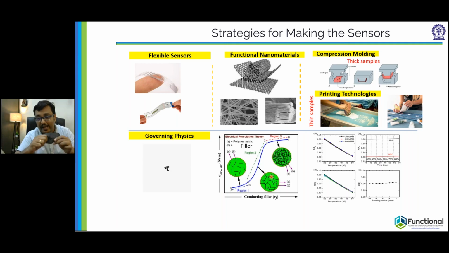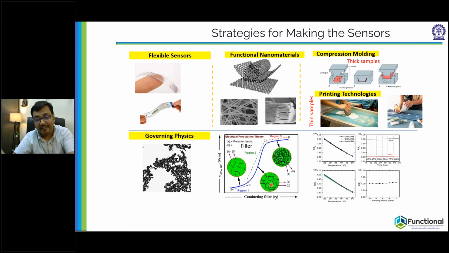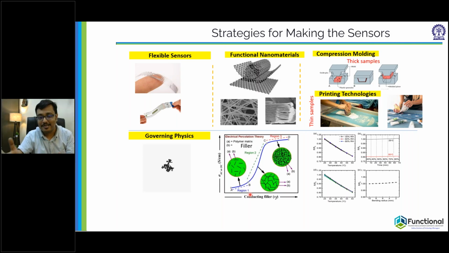They will get disconnected from each other, and if they are disconnected, there will be an increase in the resistance. That means the sample will be less conducting because the electrons cannot flow through it appropriately.